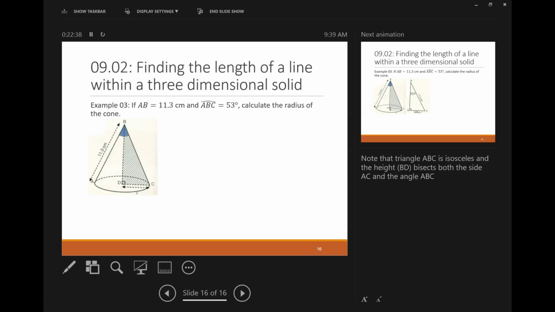Okay, let's look at another example here. If AB is 11.3 and the angle, this is a symbol for angle that's sometimes used, for ABC is 53 degrees, we want to calculate the radius of this cone. So I'm going to use the reference triangle that I've drawn in here, BDC.